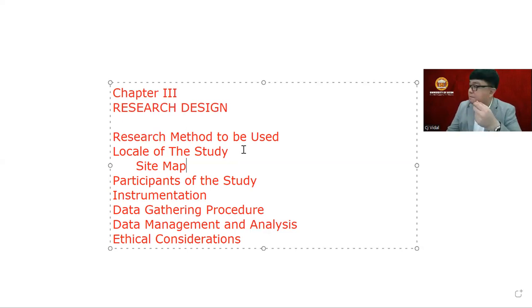We also have purposive sampling. So these are examples of non-probability types.